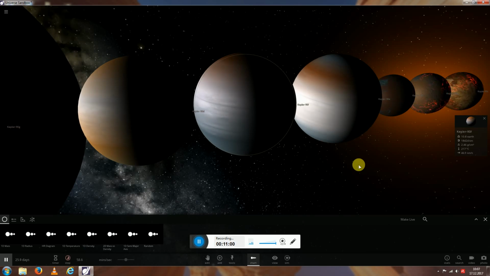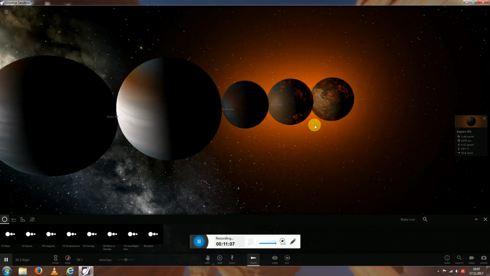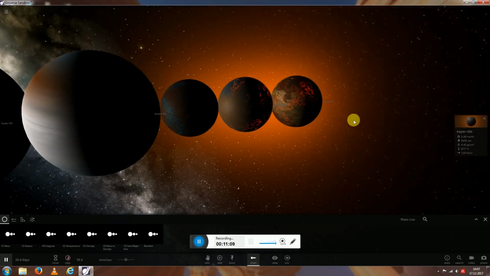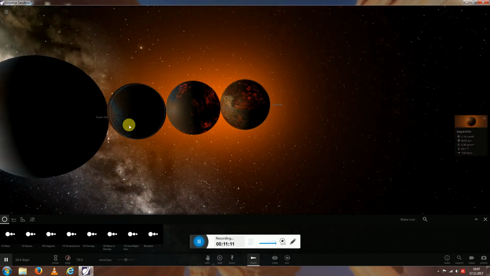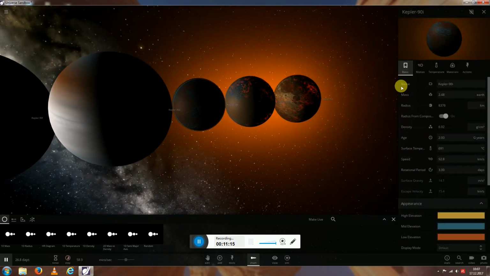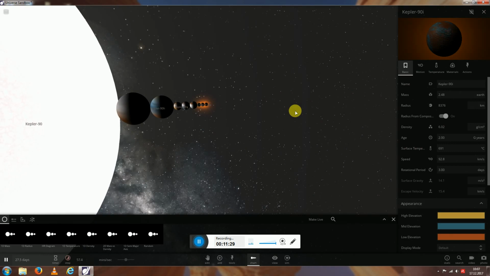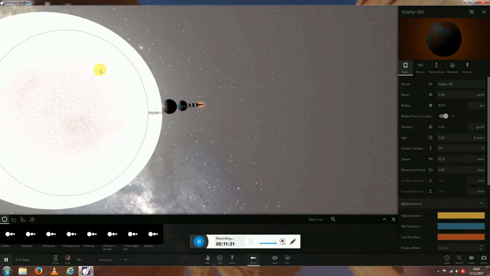Now, if I remember correctly, it was Kepler, no, not that one. Which one was it? Kepler 90I that they discovered recently, where they made the announcement that this system has 8 planets.